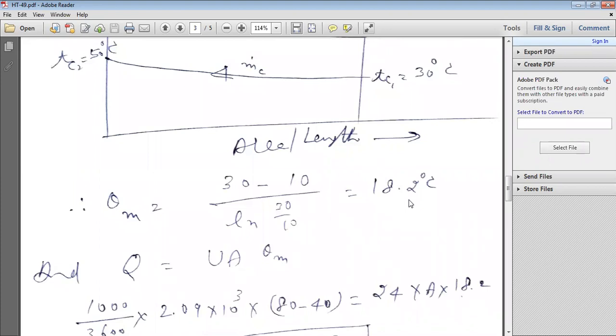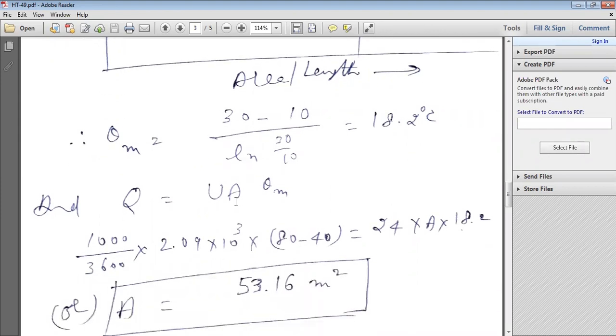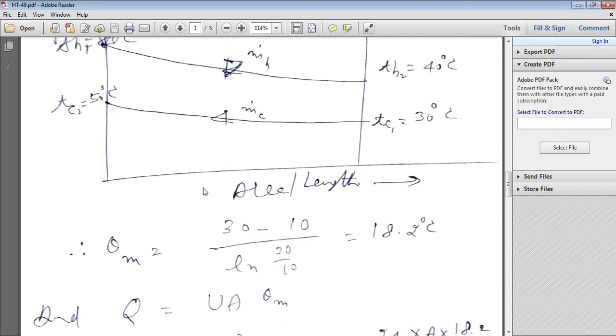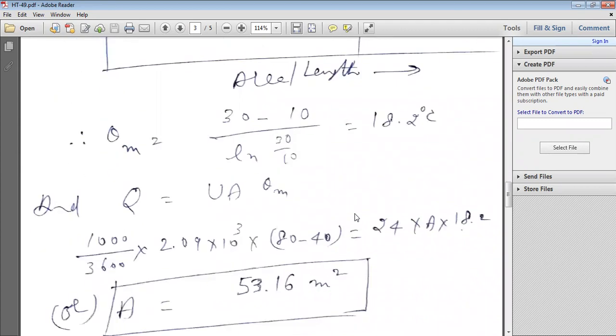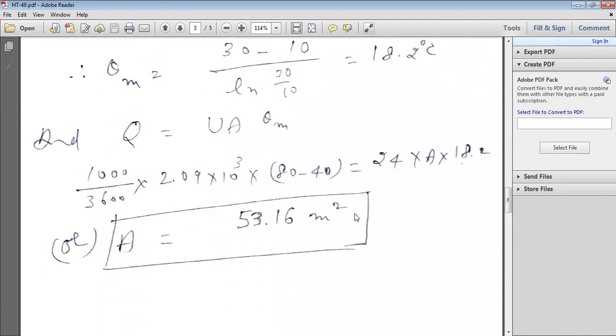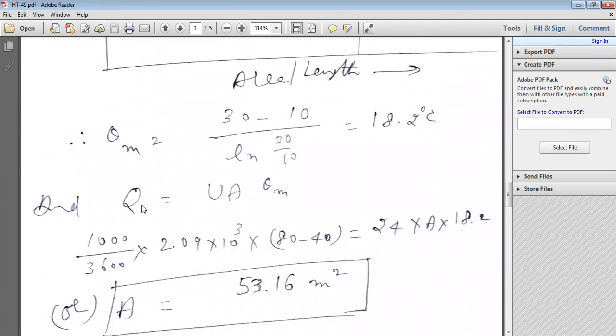LMTD is 18.2 degrees centigrade. Now, how do you calculate the area of the heat exchanger, in terms of meter square? We have the general formula of the heat exchanger: Q is equal to U A into LMTD or theta mean.